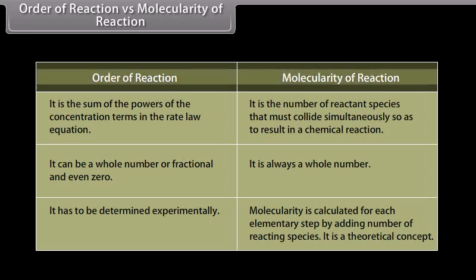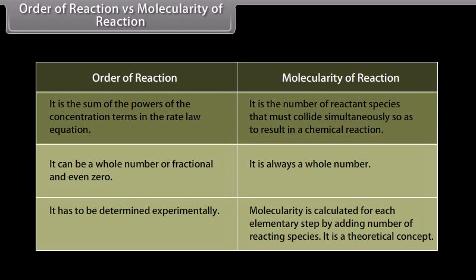Order of reaction versus molecularity of reaction. The important differences between the order of reaction and molecularity of the reaction are: order of reaction is the sum of the powers of the concentration terms in the rate law equation, whereas molecularity of reaction is the number of reactant species that must collide simultaneously so as to result in a chemical reaction.